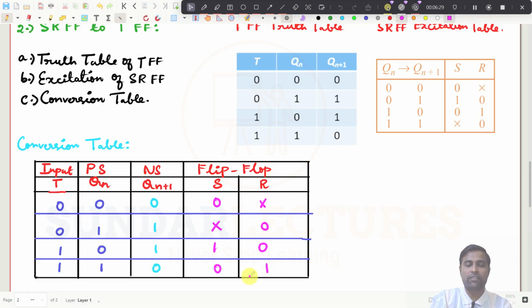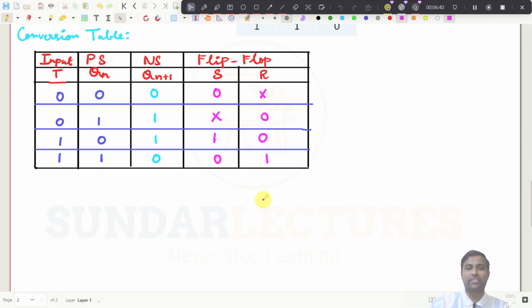So now we have just derived this by using the excitation table of the SR flip flop, and the procedure again will be the same here.